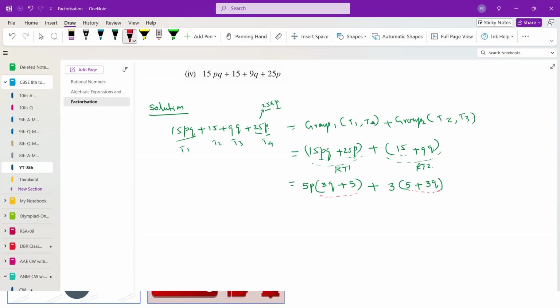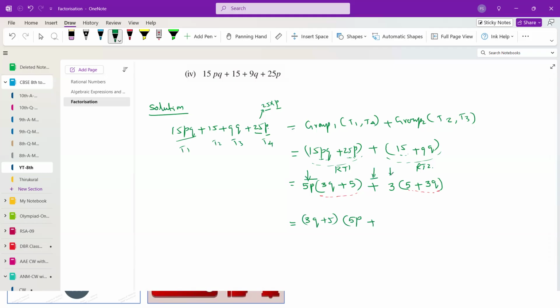Now 3q plus 5 is the common factor among these, so we take it outside. What is left out here is 5p, and the plus sign we write as it is.